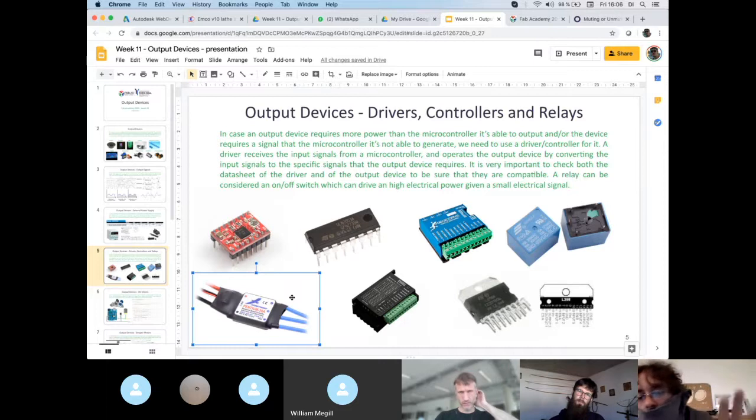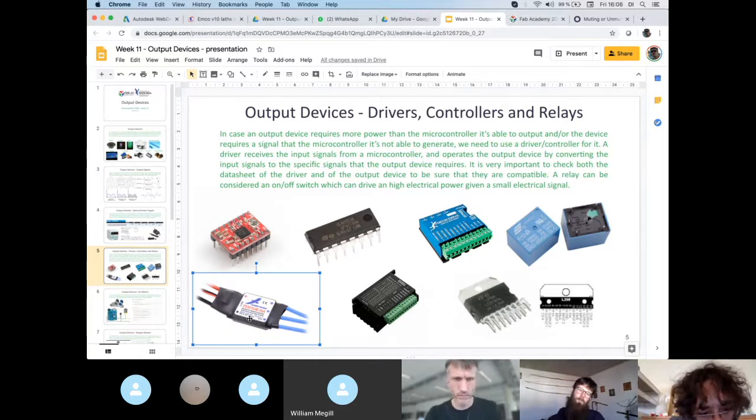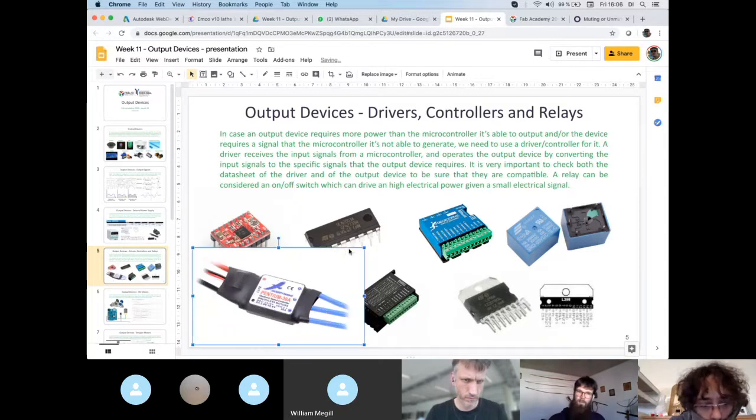Therefore, we don't need any separate step-down voltage regulator anymore. In this case, it's written here. It's called BEC.